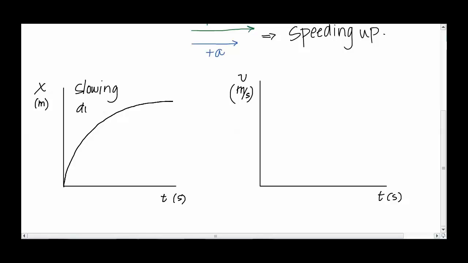So this shows me it's slowing down because the slope of the position time graph goes from being very steep initially to being very flat later. But it's still moving in the positive direction. So you can move to the right and slow down at the same time. So that means our velocities are positive, but the velocity goes from being very positive.